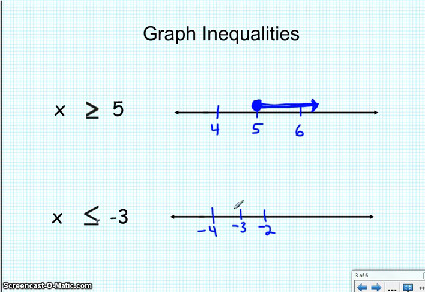Since it can be equal to it, I'm also going to put a solid dot on the negative 3, and then I'm going to draw my arrow to all the values that are less than negative 3. The numbers that are less than negative 3 are down this way. So I'm going to draw my arrow this way because this shows all of the values that are less than negative 3. So there we have graphed the two inequalities that have the greater than or equal to and the less than or equal to signs.